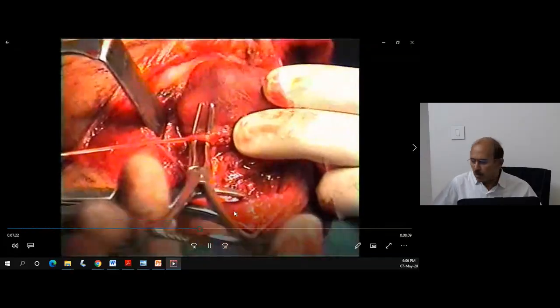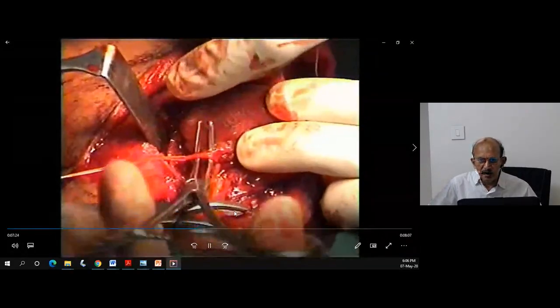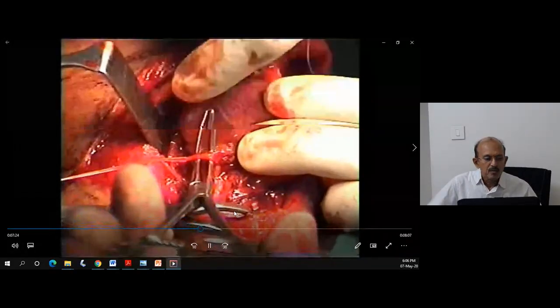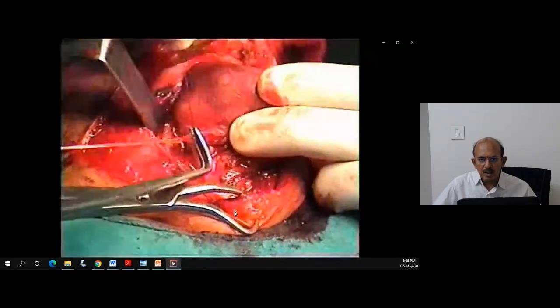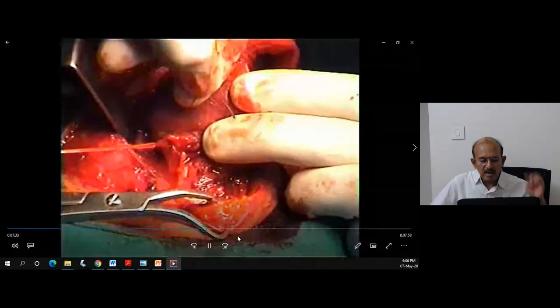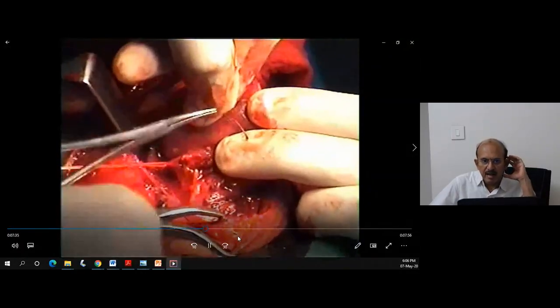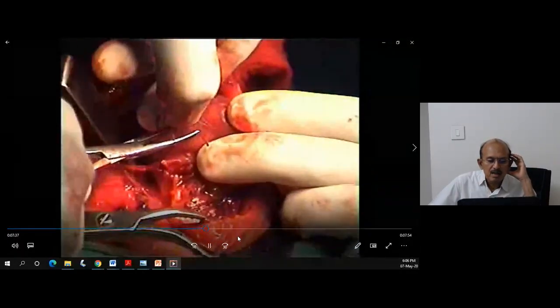The whole surgery will take about 30 minutes, so I'm just focusing on the place where you can see the recurrent nerve being saved and then the parathyroid gland. Is it okay?